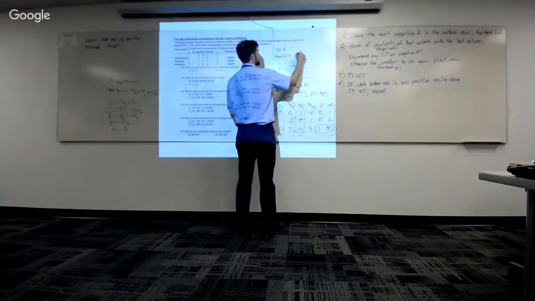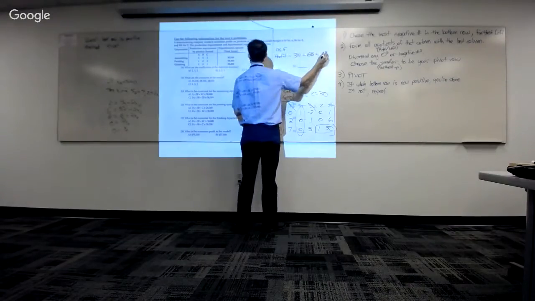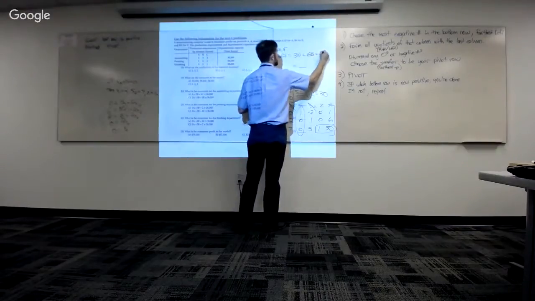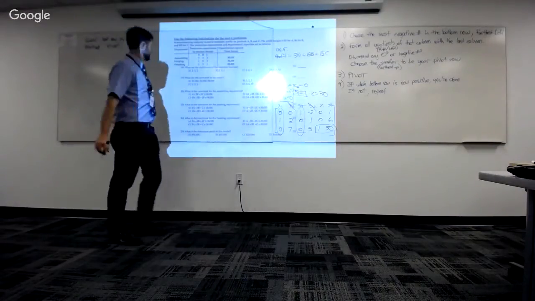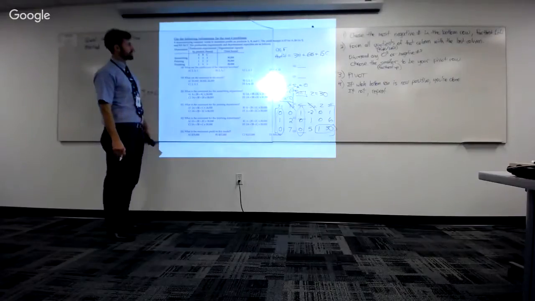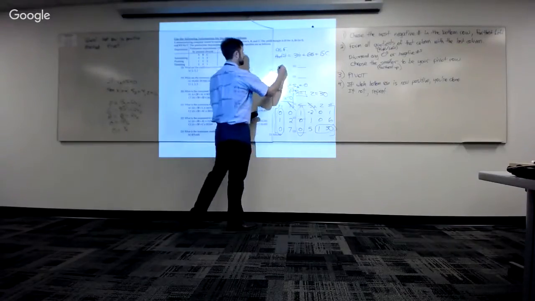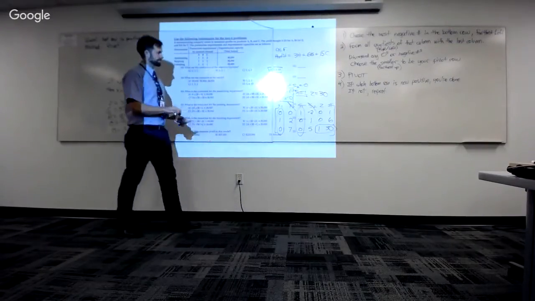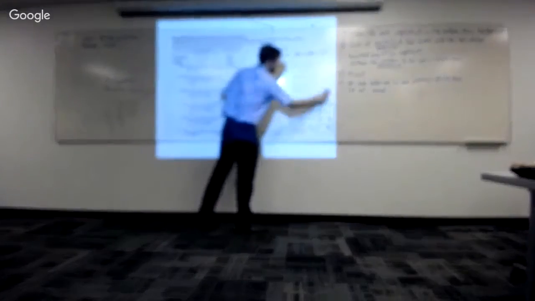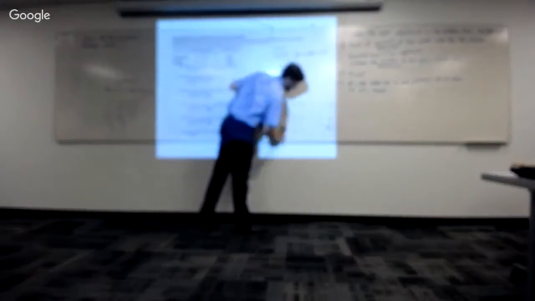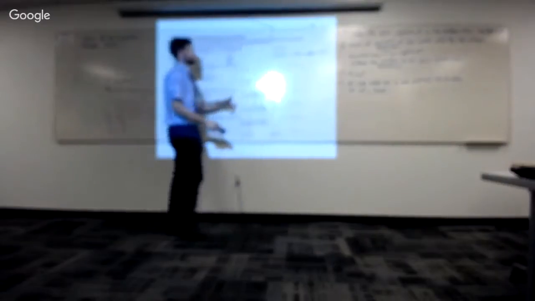So 3A plus, how much profit do we make from B? 6B plus 15C. So the coefficients on our objective function are 3, 6, 15. All right, so there's our objective function. That's how much profit we're going to make for each of the products that we make.